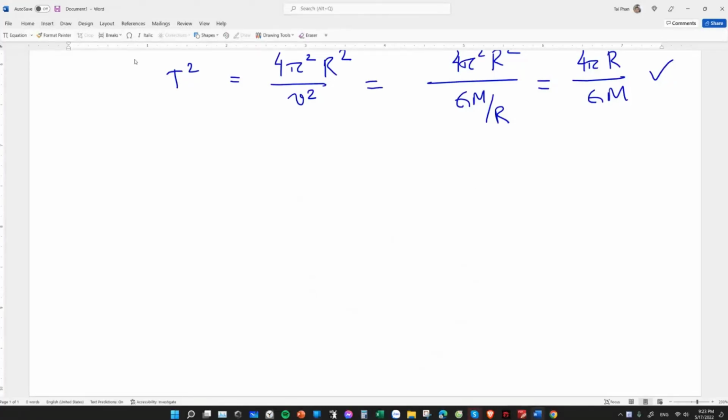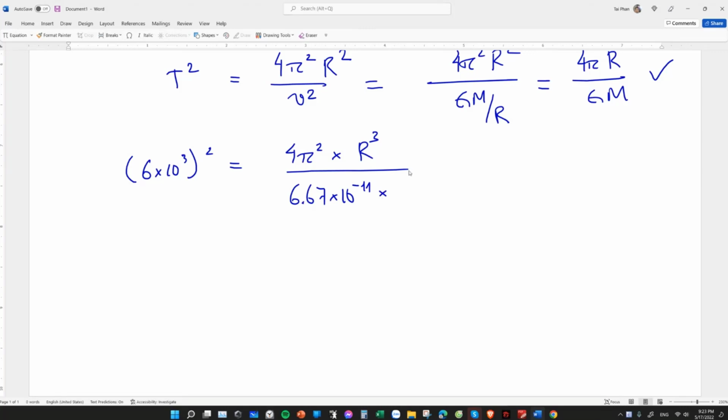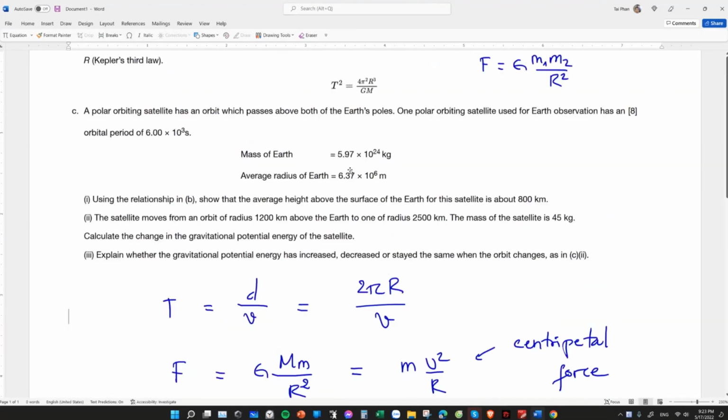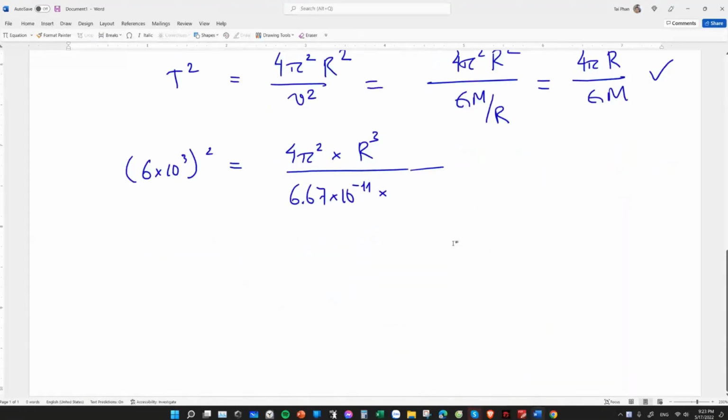The period is 6,000 seconds. 6 times 10 to the 3, squared, equals 4 pi squared times r cubed, divided by G, 6.67 times 10 to the negative 11, times the mass of the Earth, which is given up here, 5.97 times 10 to the 24.